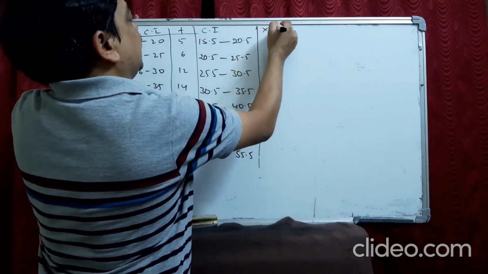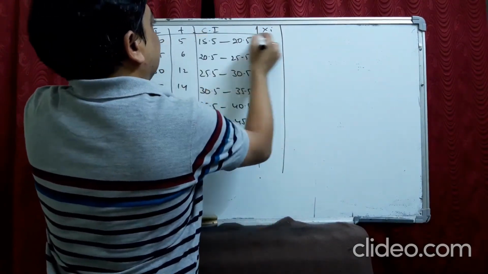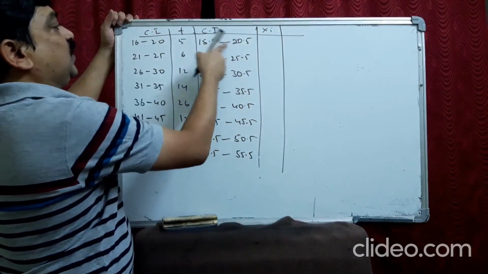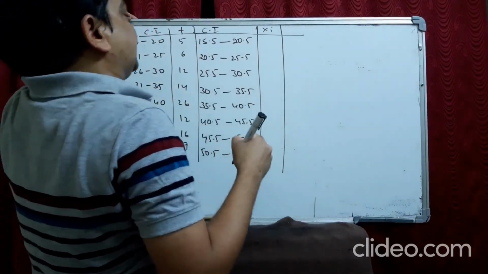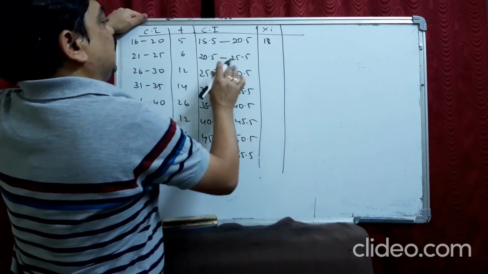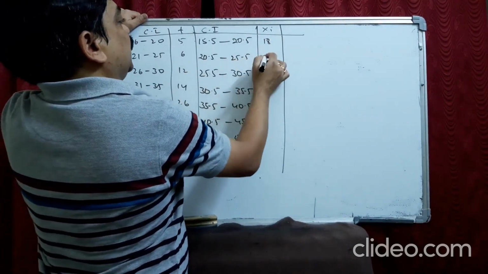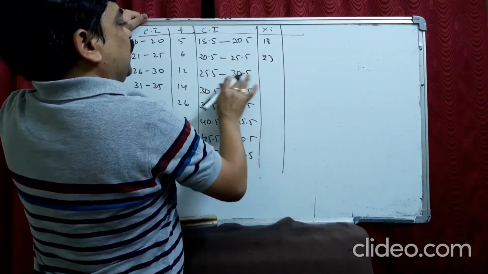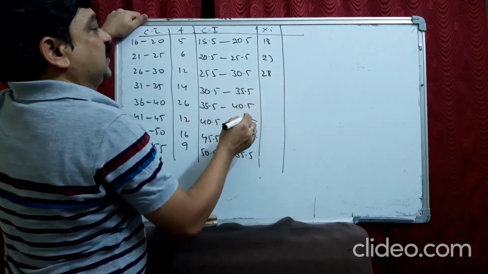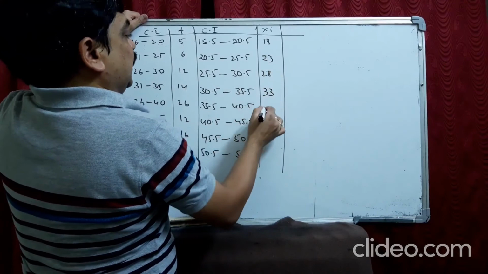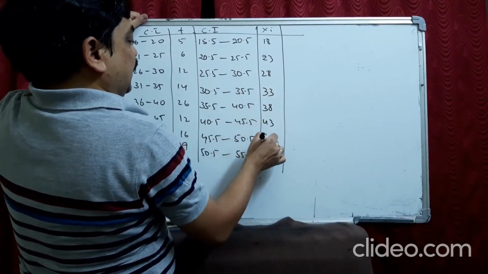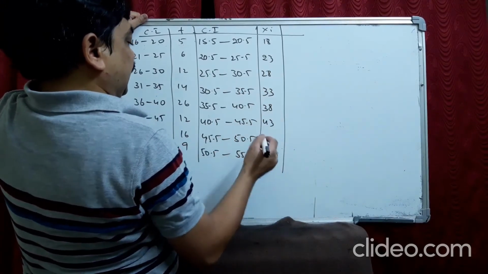Class interval, let us write xi also because we need xi. Xi will be 18, 23, 28, 33, 38, 43, 48, 53.